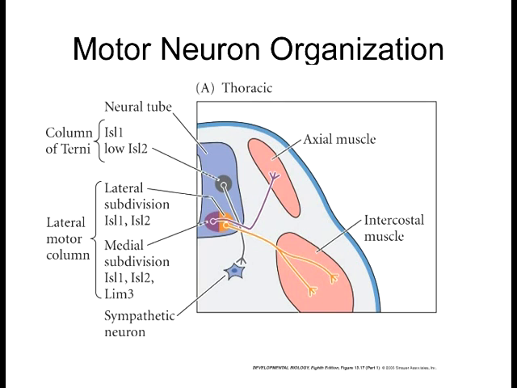The same thing is true for this neuron, except because it's exposed to a different set of genes, it's going to have a different set of receptors that make it repelled by a protein called semaphorin, and that will push it into the ventral region of the developing limb. So you can see it's not very specific in the beginning. It just grows out and says, well, okay, I'm going here because I'm repelled by the signals by this one, and this one's going to go here because it's repelled by the signals there.